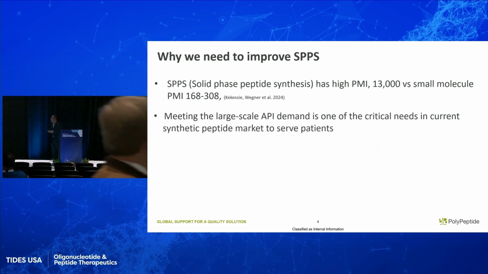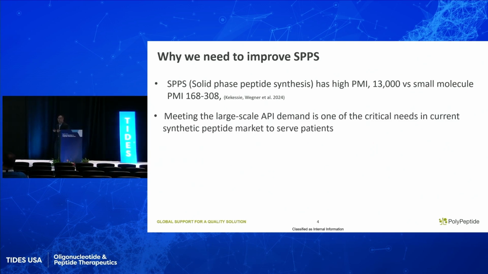And as many of you may already know, there is significant demand for synthetic peptide molecules in the diabetes and obesity space, and the patient population in that area is also increasing.